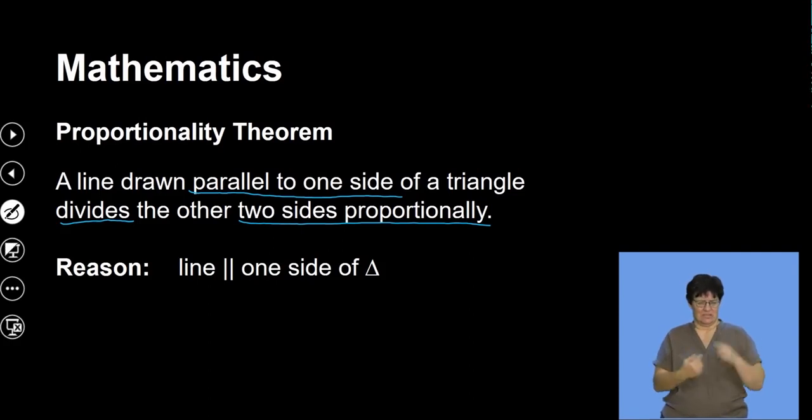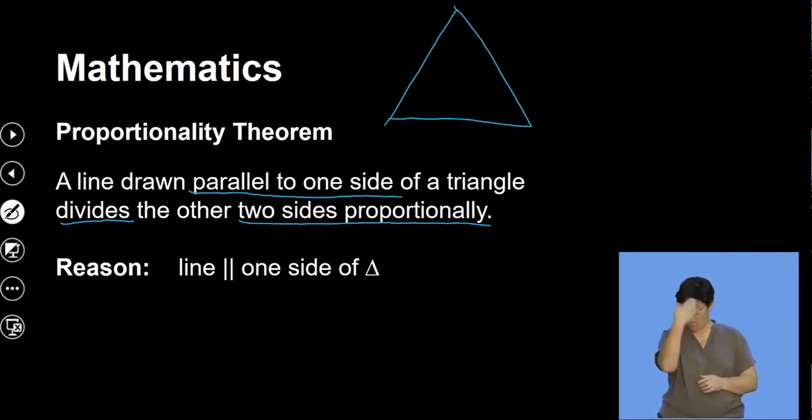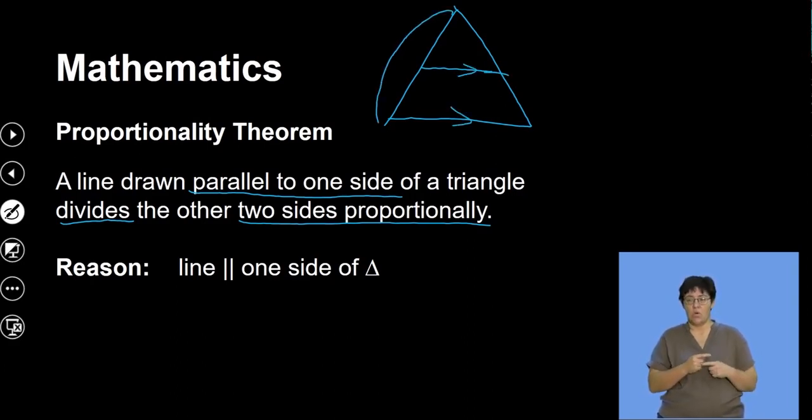So let me draw the diagram and show you what I mean, which I know that you are familiar with, right? So there's my triangle there. If I draw a line that is parallel to one side of this, the two remaining sides will then be cut in proportion, right?